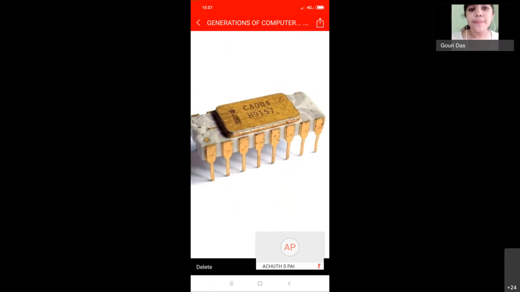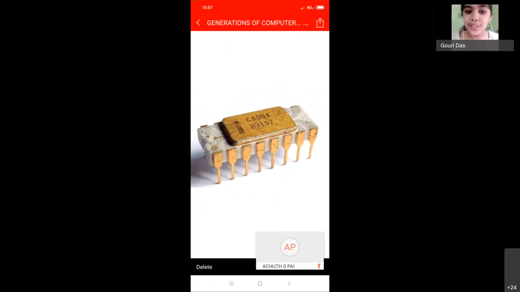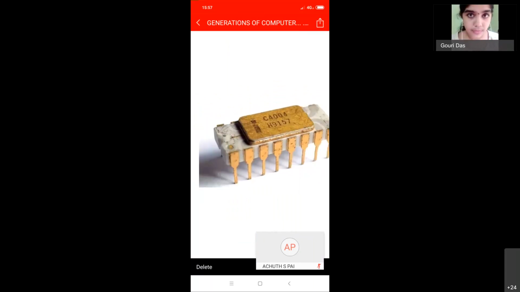And about the fourth generation, what can be used in fourth generation? Microprocessors. Yes. Microprocessors are faster, more efficient, powerful, and they could be bought by just about anybody. Yes.